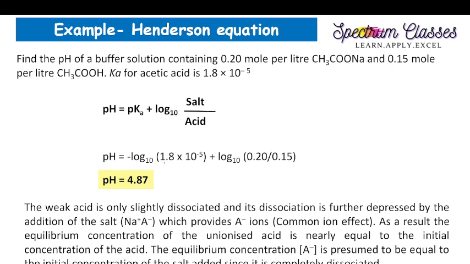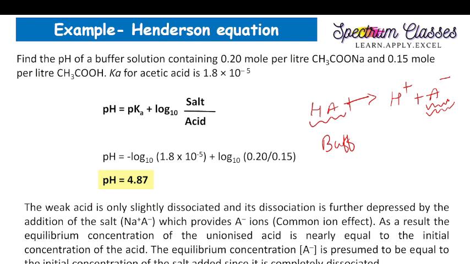And here the important point is that I've written HA, and HA dissociates like H plus plus A minus. In the case of a buffer solution, this A minus will be equal to the salt which produces it, and HA which is present initially.